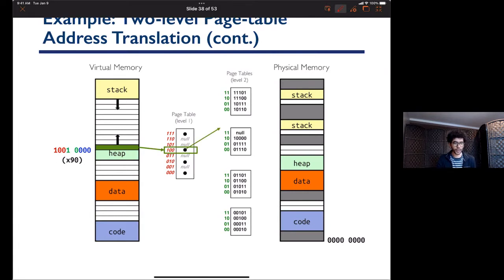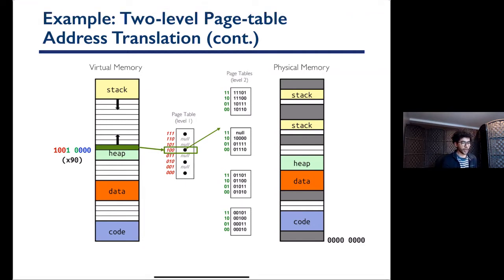Okay, so the way you're translating, right? In this particular example, each page is 8 bytes. So I put aside 3 bits for offset. For the rest of the bits, I'm using 3 bits for page table level 1 and 2 bits for page table level 2. So my page table level 1 has 8 entries, and every page table level 2 is going to have 4 entries.